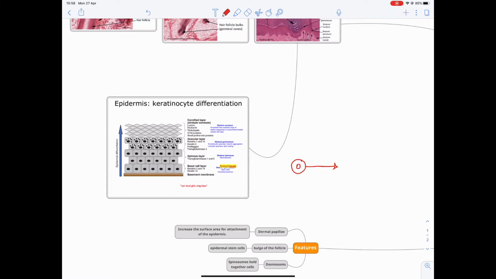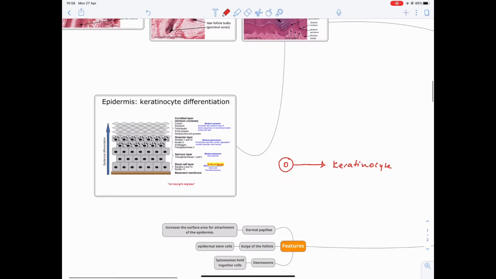So it becomes a keratinocyte. And it would have another cell becoming another stem cell, so you don't deplete yourself of stem cells.